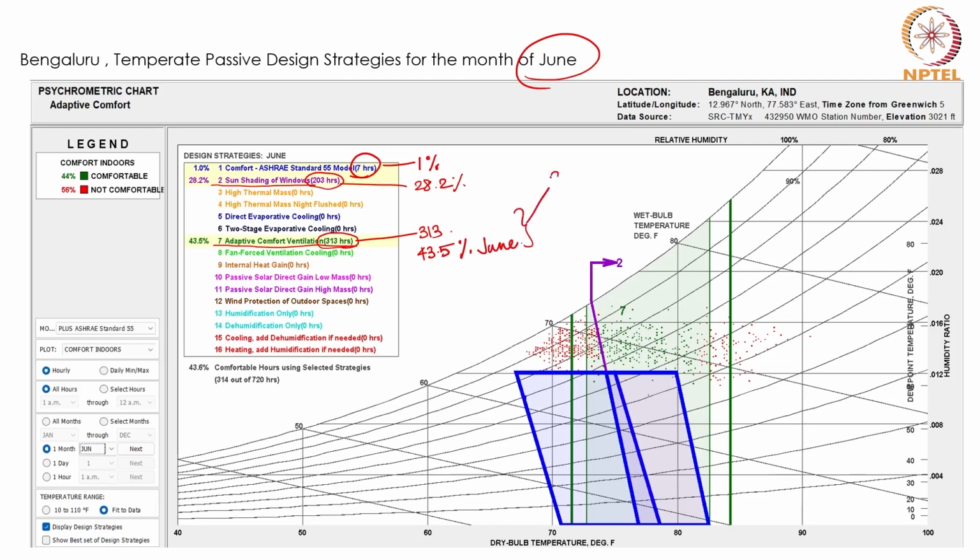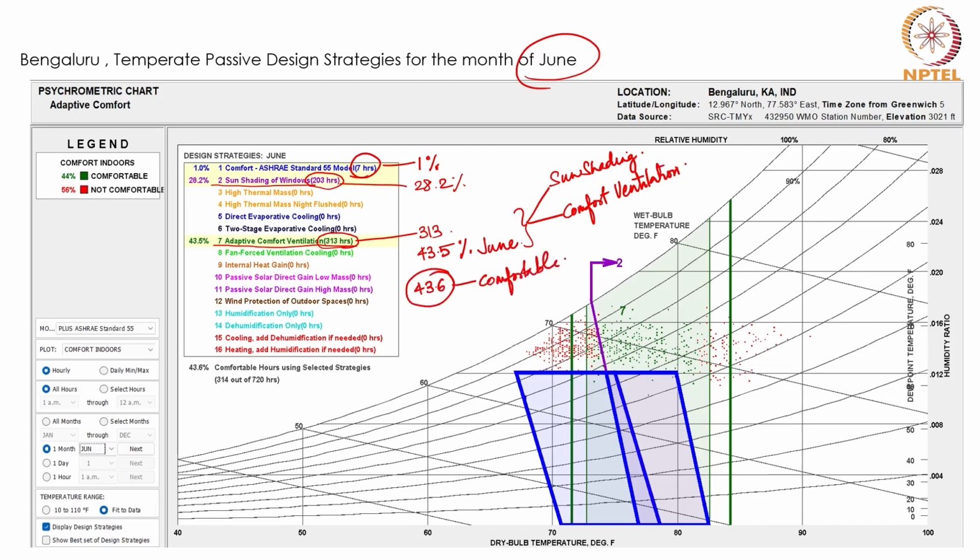One is solar shading of windows, and second is adaptive comfort ventilation. If just these two strategies are followed, then 43.6% of the total month of June can become comfortable.